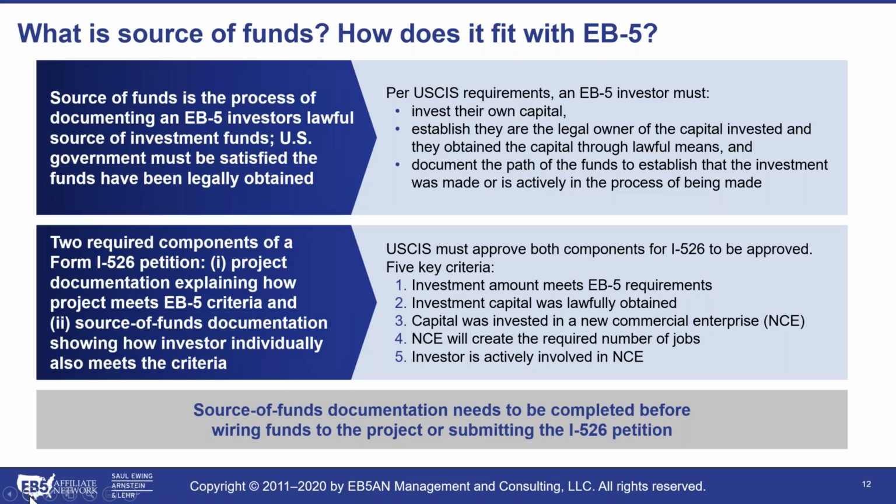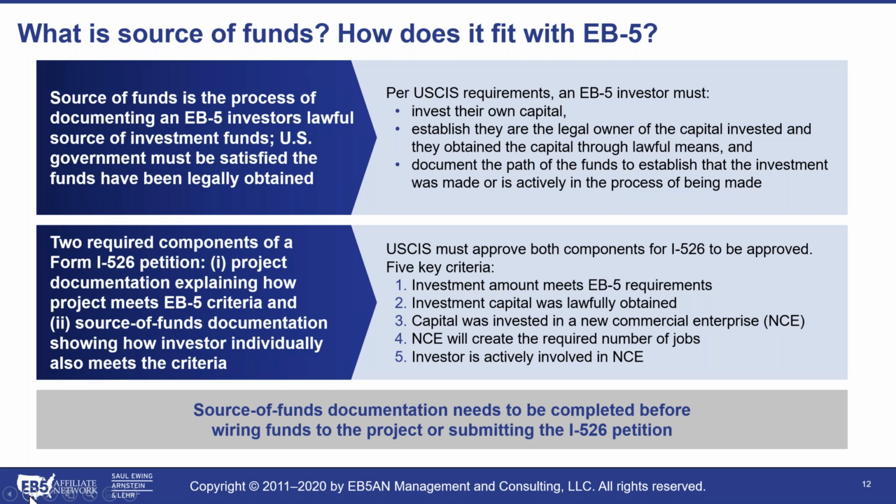So contextually, from a high level, source of funds is the process of documenting how an EB5 investor obtained the 900,000 or 1.8 million that's going into the EB5 investment. As part of the EB5 program requirements per USCIS, the investor must invest their own money.